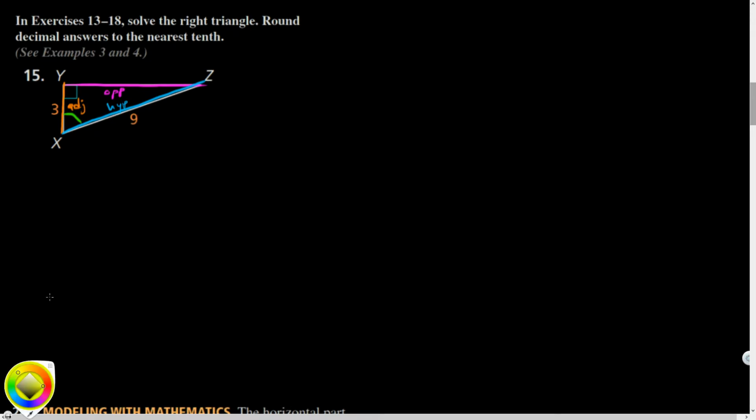So if I'm looking at these and I want to find angle X, the sides that I do know are adjacent and hypotenuse, or hypotenuse and adjacent. Which trig ratio compares those two things?